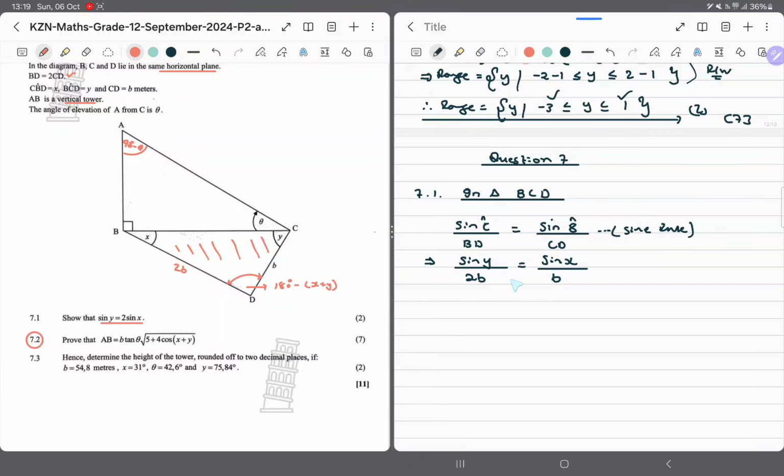Now obviously we cross multiply because we want to isolate sine y. So sine y is going to be 2b sine x over b. Now the b's get out of the way, which leaves us 2 sine x, and that's it.